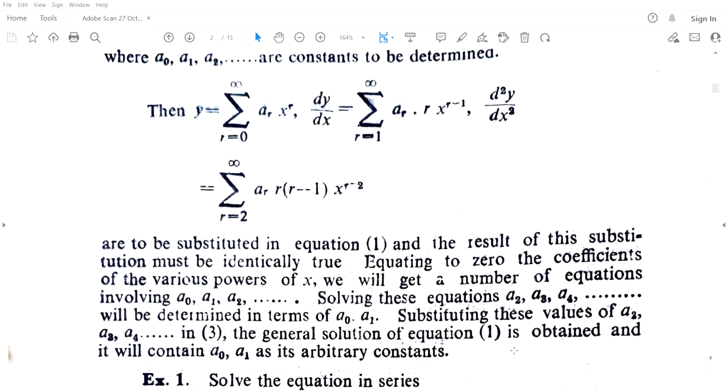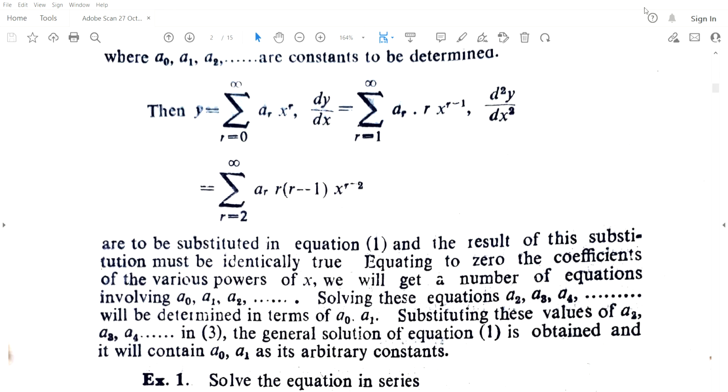Therefore, substituting those values, we get the solution. Therefore, there are three steps. Number one, we have to see whether the point about which we are going to solve is an ordinary point or not. If it is an ordinary point, then the solution is of the form summation ar x to the power r. Then we will substitute y, y dashed, y double dashed in terms of series, and substituting that, the right hand side will be 0 and the left hand side will be an infinite series.